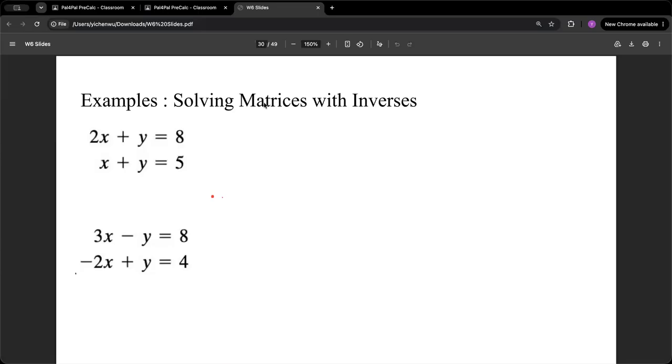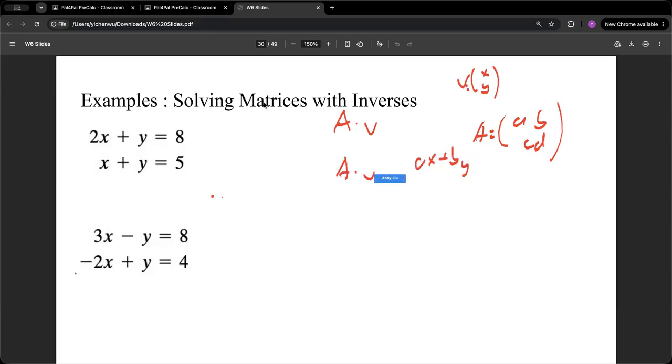Let's say we had a matrix A, and we multiplied it by a vector V. Let the vector V be x, y, and the matrix A be A, B, C, D. Now if we multiply this, the product A times V is equal to AX plus BY, CX plus DY. And let's say this is equal to some vector, let's say M, N.